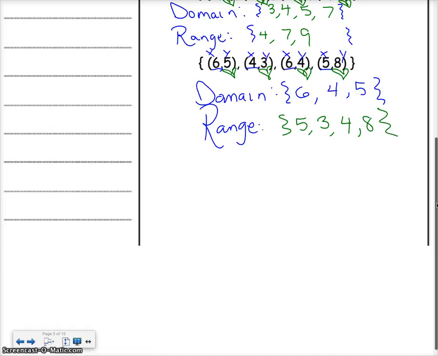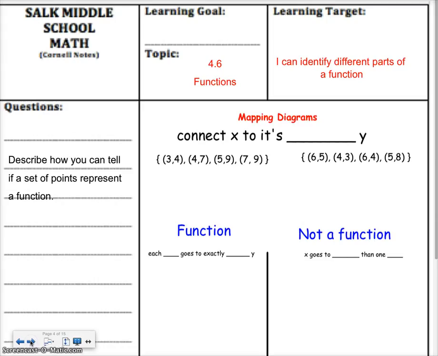So that is the learning target, and I have seen MCA style questions like this where you're given a relation, which is a set of points, and it says identify the range. That means find all the y's. It says identify the domain, find all the x's. All right, that's learning objective number 1.